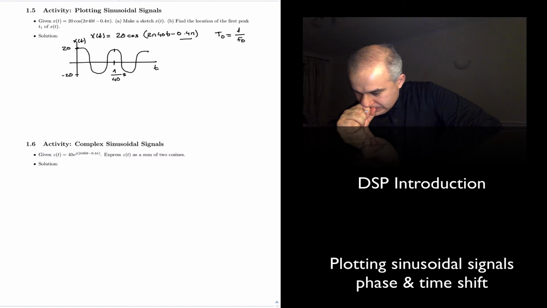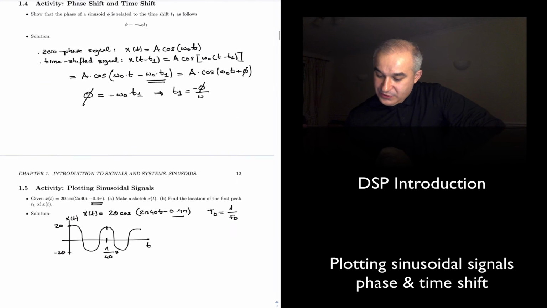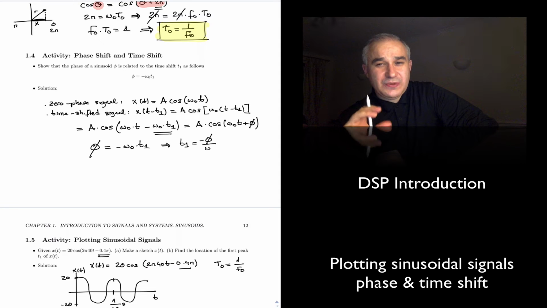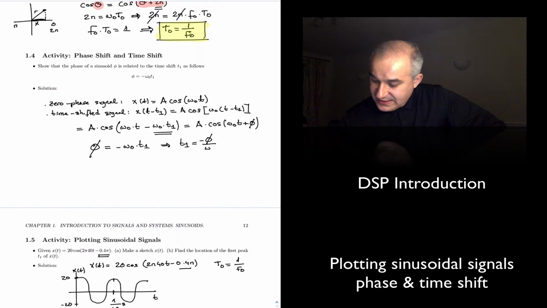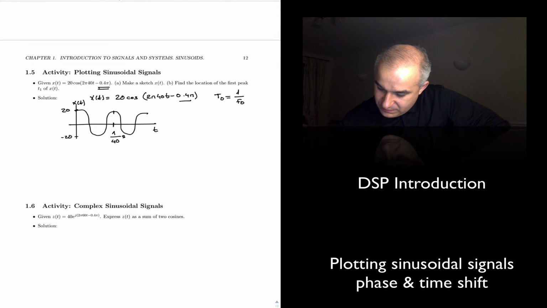Now, in this case, however, we have a phase shift. And we already saw in the previous video the relationship between time shifts and phases. So you have a phase of minus 0.4 pi. How much does it shift that first peak?